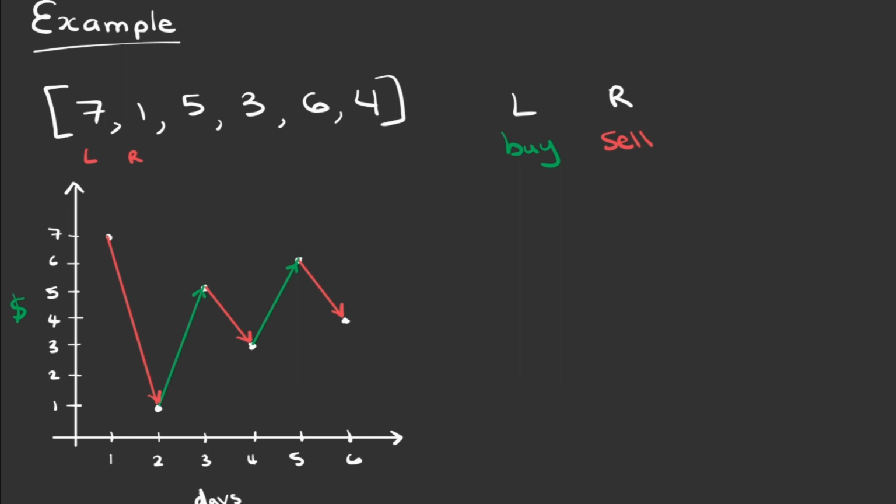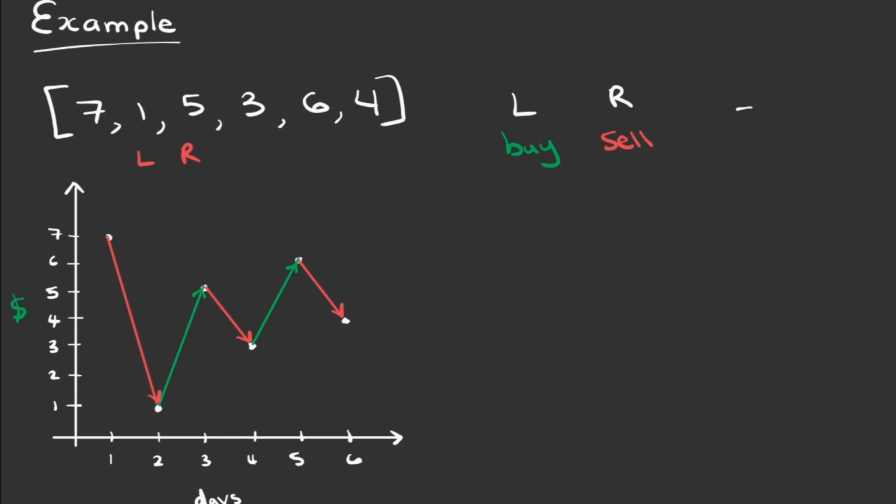So what that's going to look like is that we're going to, on the next day, increment the right pointer and also move the left pointer because we saw that the next day price is less than the current day price. Then again, we check the price difference to see if we make any profits.